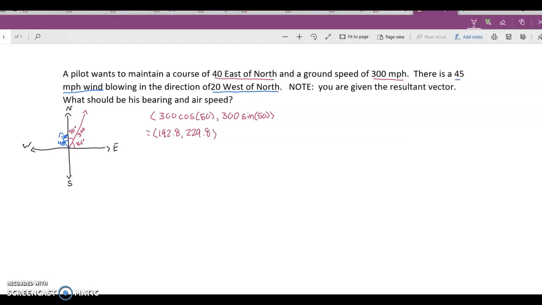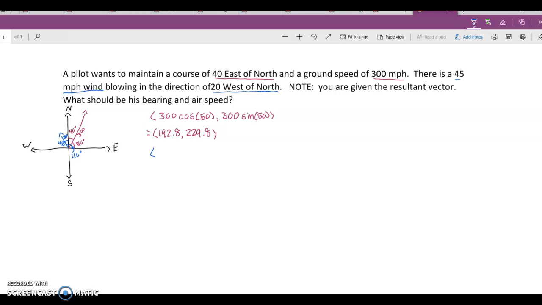Now finding the component form of the wind vector. Same thing, we have to find that measurement from the positive x-axis. We know that going from positive x to positive y gives us 90, and then we add on that 20. So this whole angle right here is 110 degrees.